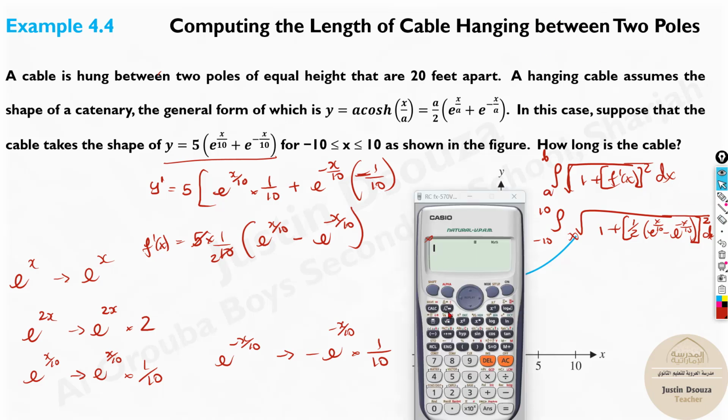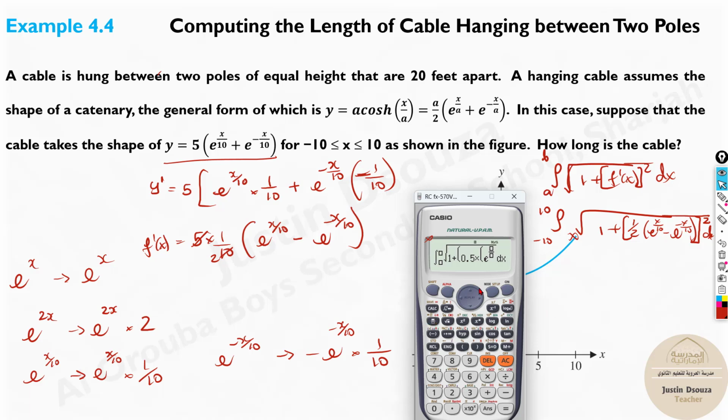I'll show you how exactly we are to put in the integral symbol. Then we put the square root of 1 plus, open a bracket over here. You can write half or 0.5, it is the same thing, multiply. You open another bracket for these two. So shift and natural logarithm function gives you the exponential e, that's Euler's number.